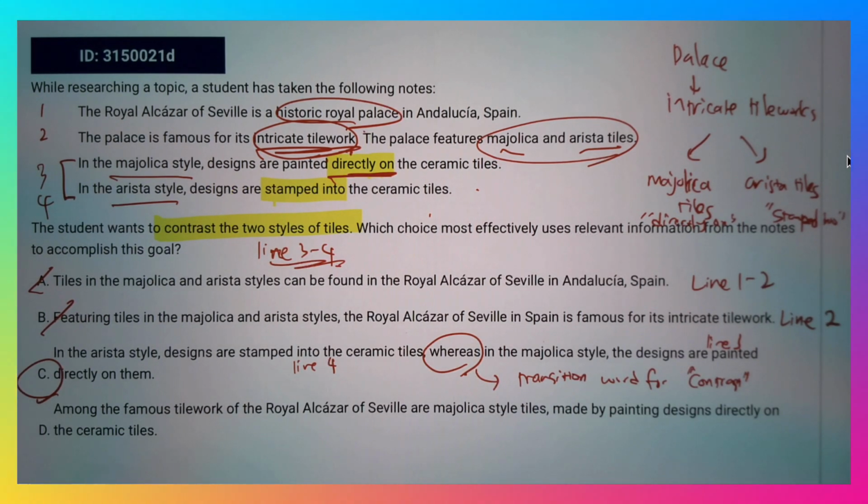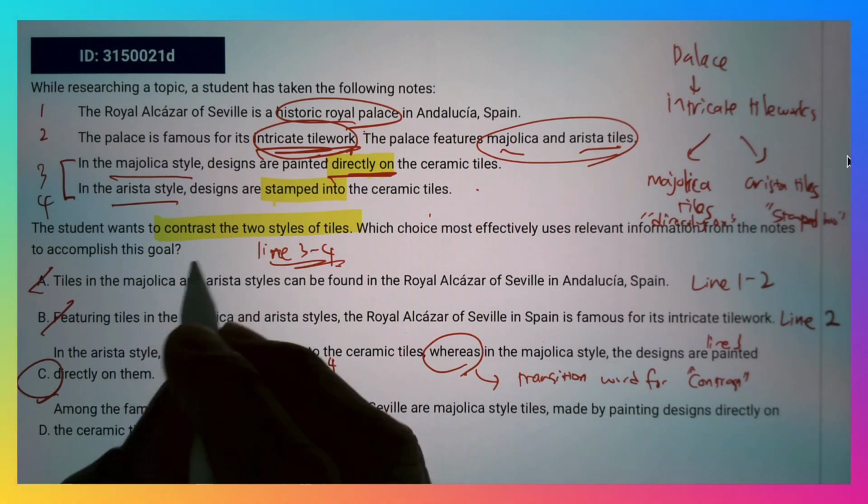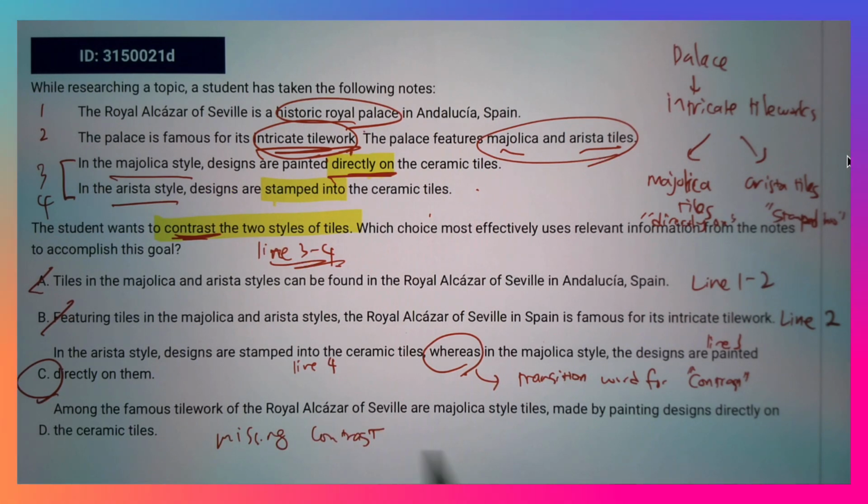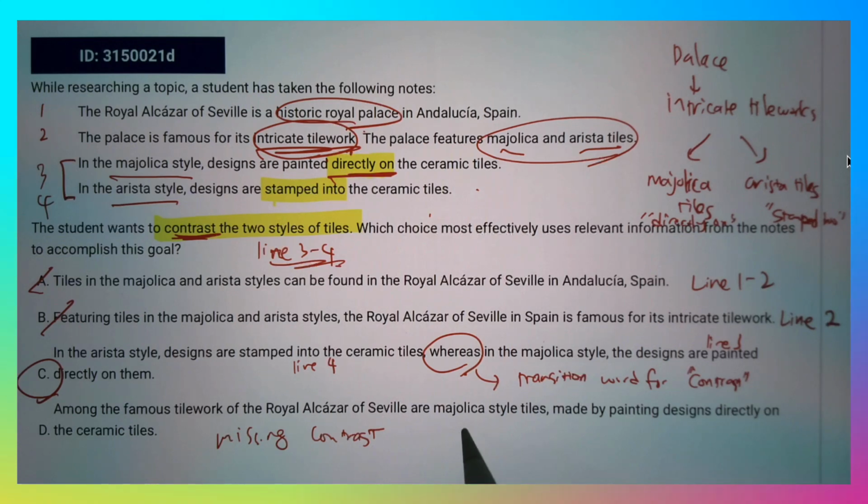Choice D, among the famous tile work of the Royal Alcazar of Seville are majolica style tiles made by painting directly on. Okay, so it did not contrast, it's missing contrast because it's not mentioning the arista style.